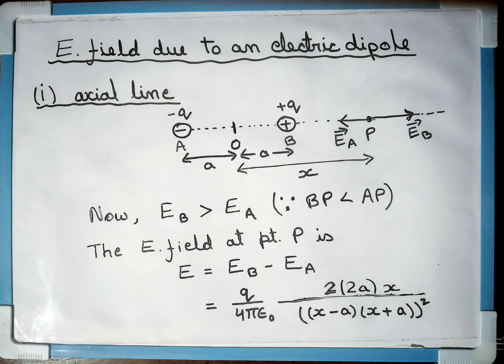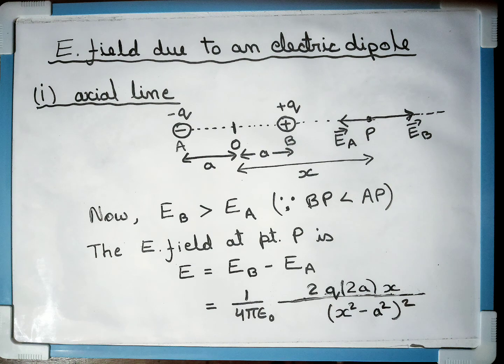Again here we can use the mathematical formula A square minus B square, which is equal to (A minus B) into (A plus B). So here this is the reverse. We have (x minus A) into (x plus A) equal to x square minus A square. So in the denominator you will get (x square minus A square) whole square.